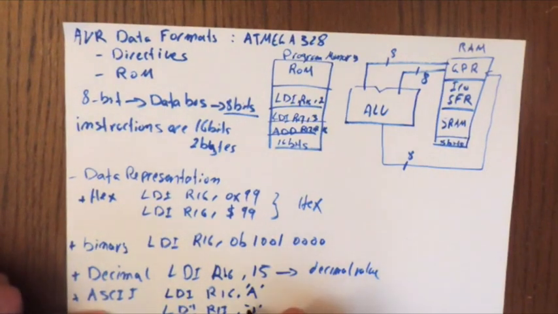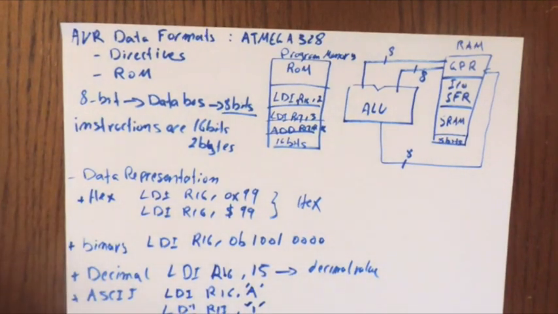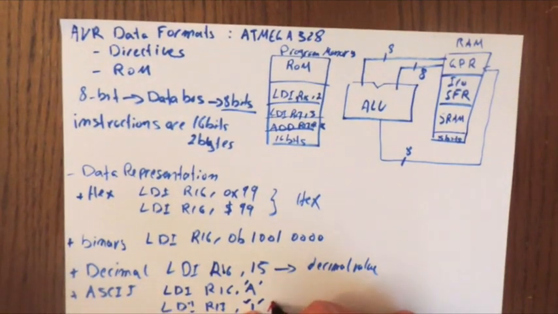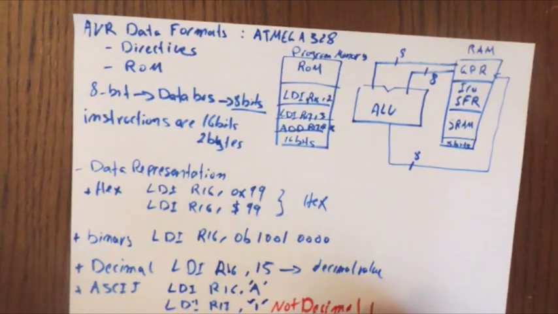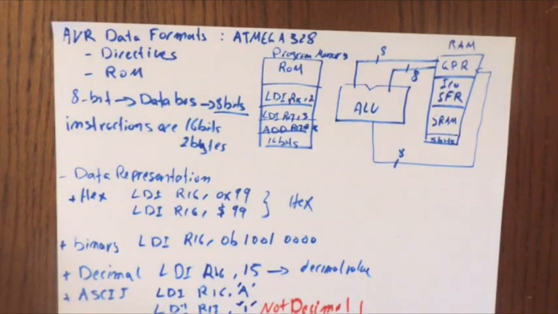So this is the representation of 1 in the ASCII domain, and this is the representation of A in ASCII. This is not decimal 1. It's actually the character 1. And this is very useful when we're talking about LCDs and when we want to print out some characters that are in ASCII. Now these are the data representations.